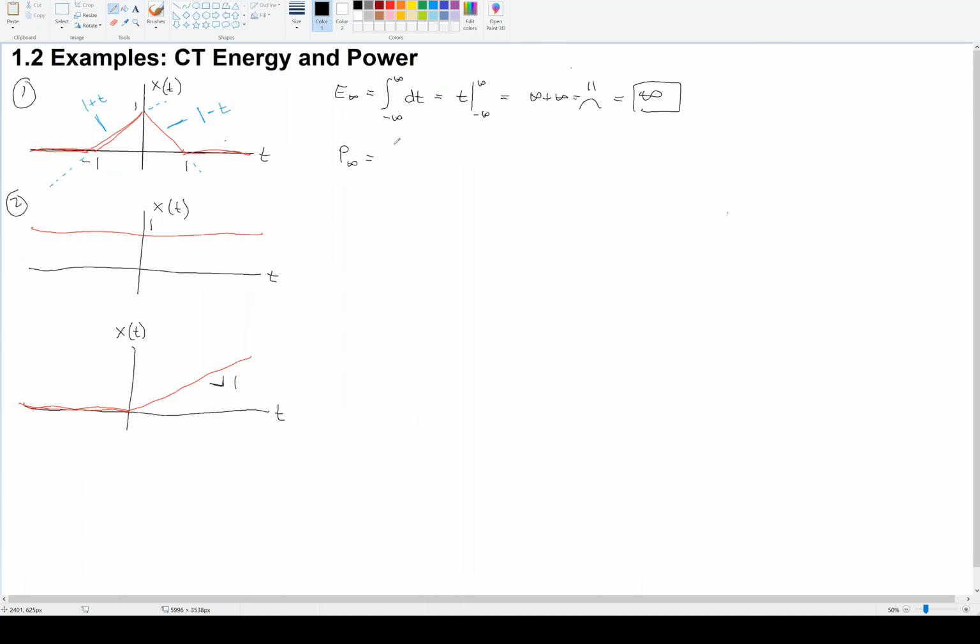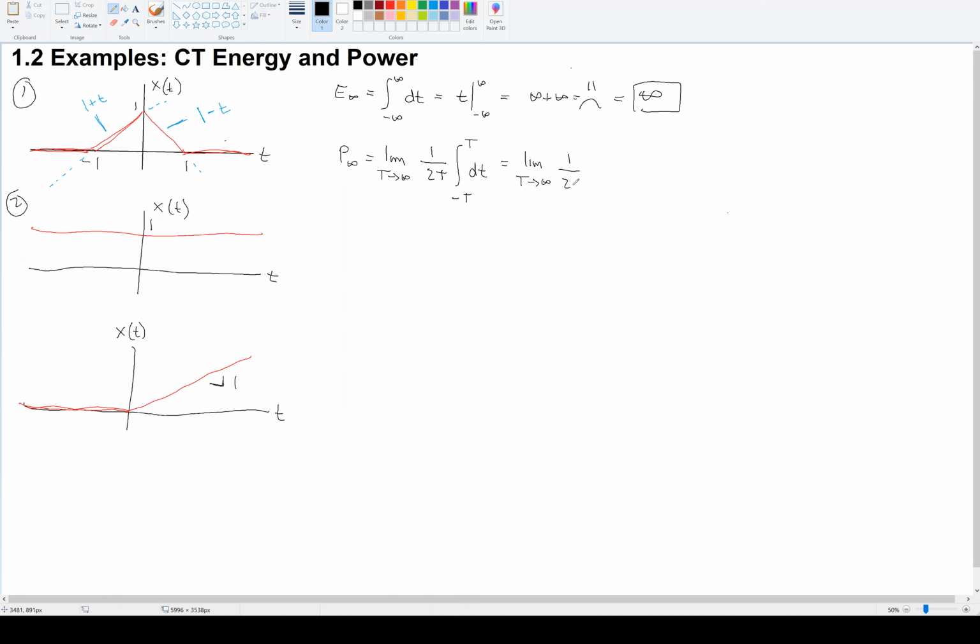averaged over all time. This is the limit as capital T goes to infinity of 1/2T times the integral from minus T to T of, and again, it's purely real and it's 1, so I'm just going to write dt here. Okay, so now let's consider this.